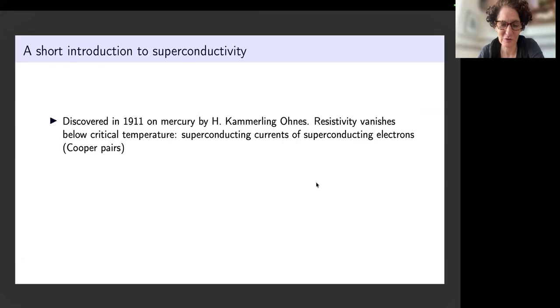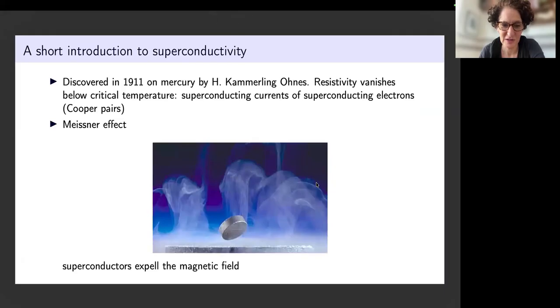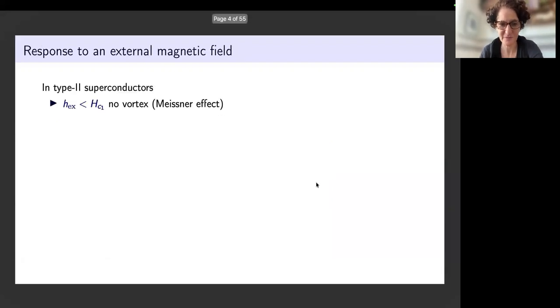So, you know, in superconductors at very low temperature, you have the phenomenon of currents that can flow without resistivity. And there's the Meissner effect, which says that the superconductor expels the magnetic field. And in fact, there are several regimes, but what will interest us in particular is the regime where you have vortices.